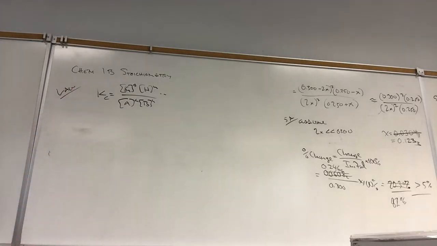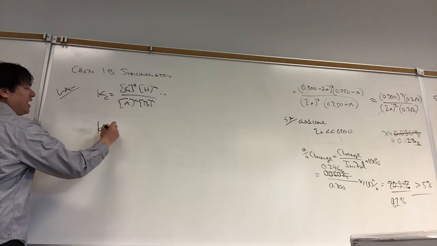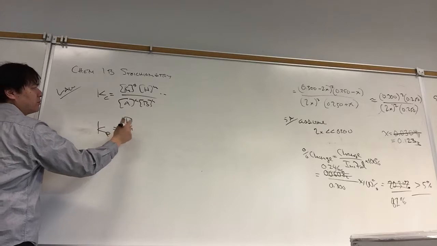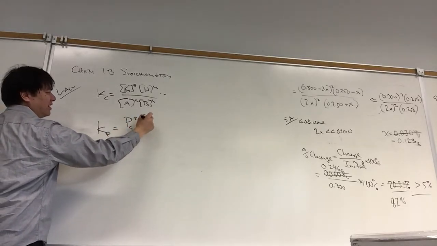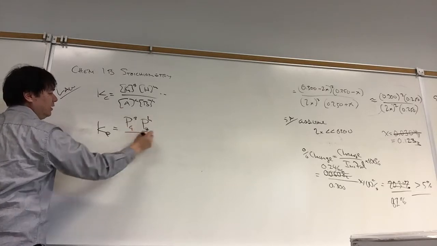Does the law come from theory? Where do laws come from? Experiment, observations. Laws come from observations. So this is the pattern that people will see. The pattern for gases is the same, Kp. Just instead of using molar, we use atmospheres or bars. But the setup is the same for the ICE table, etc.